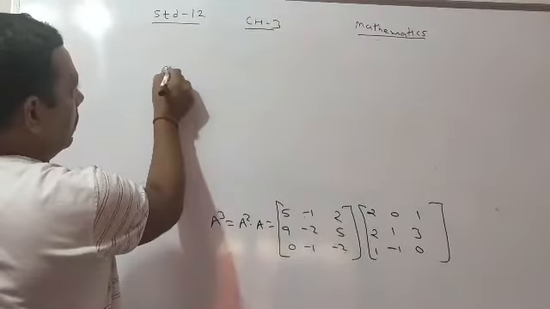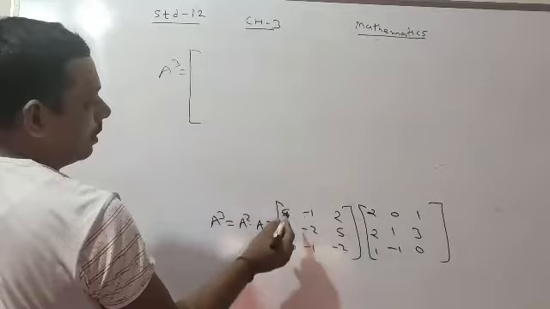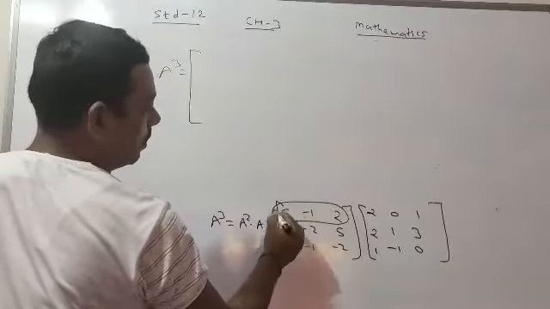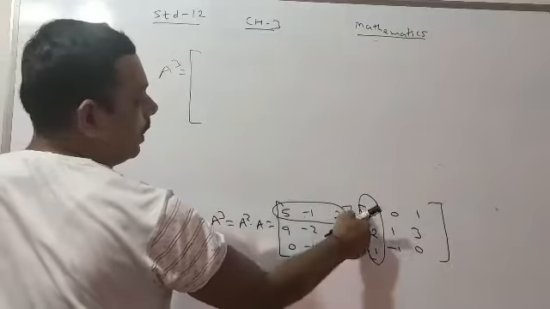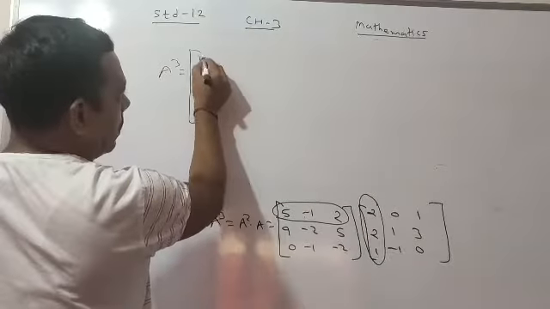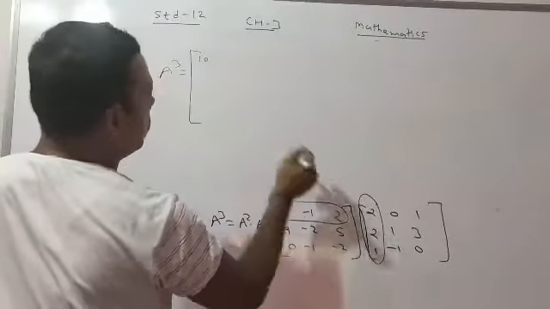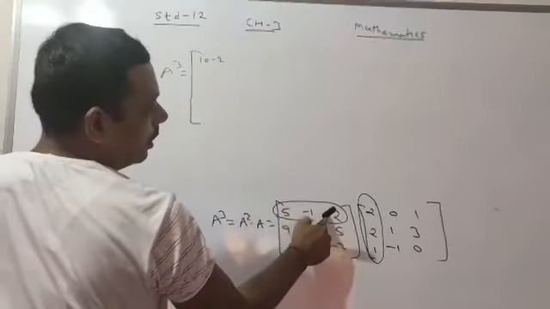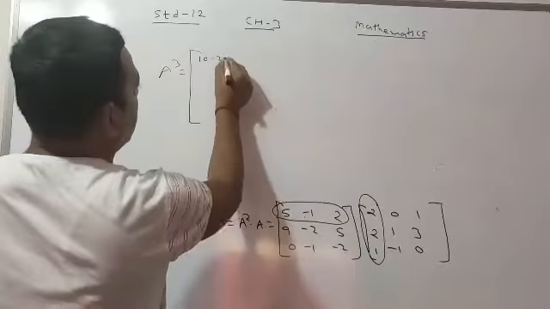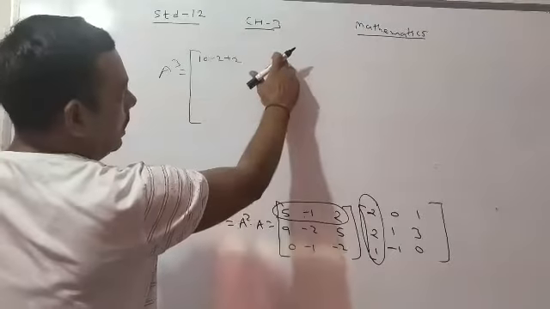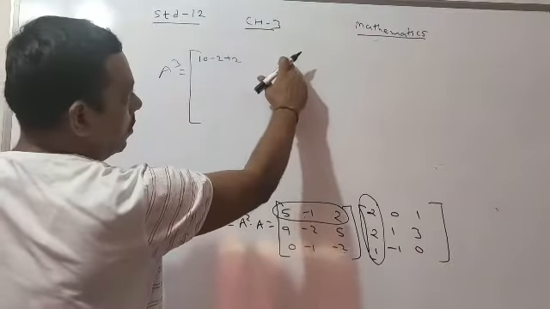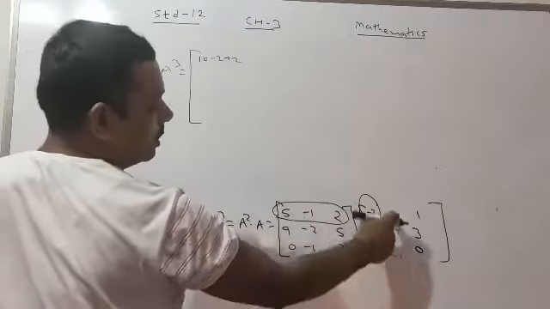The answer for this A cube is: first row multiplied with first column, that is 5 2s are 10, minus 1 into 2, that is minus 2, and 2 into 1, that is plus 2. This is my first entry. Now the second entry is first row, second column.